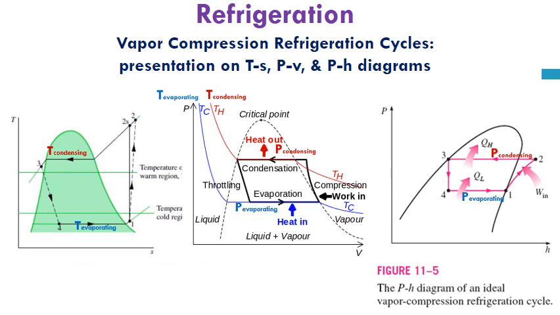In isentropic compression, S1 will equal S2. In the evaporator, the pressure of point 4 is equal to pressure of point 1. Also, the condensation pressure is equal to pressure of state 3 and state 2.